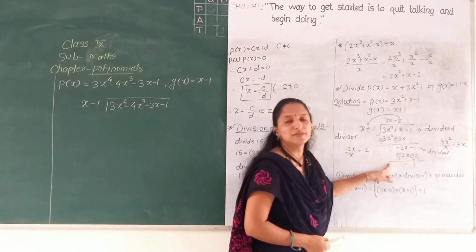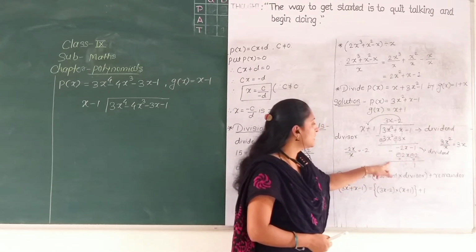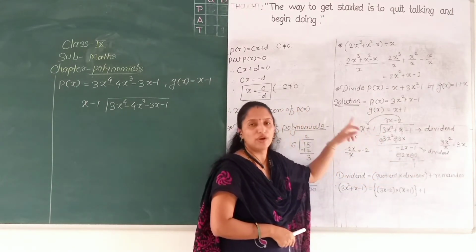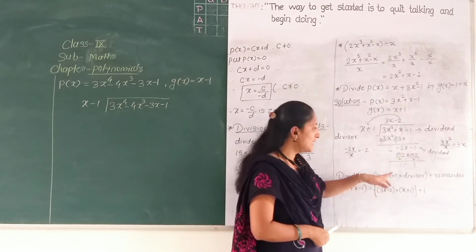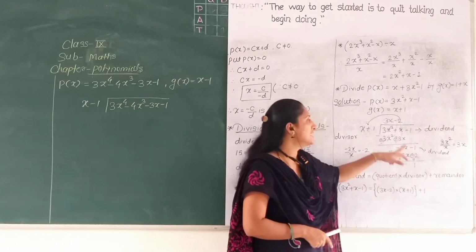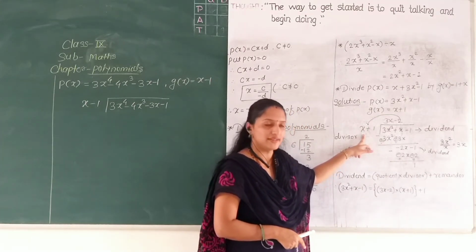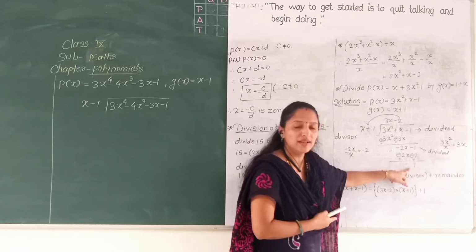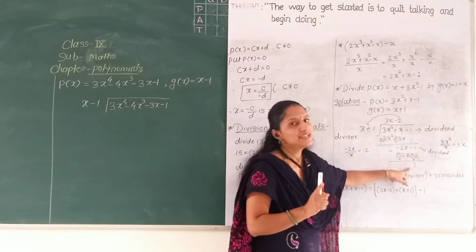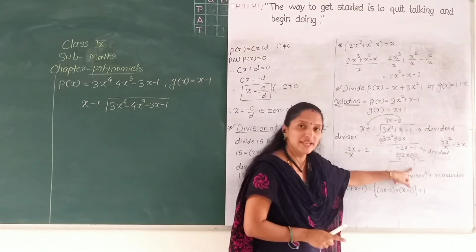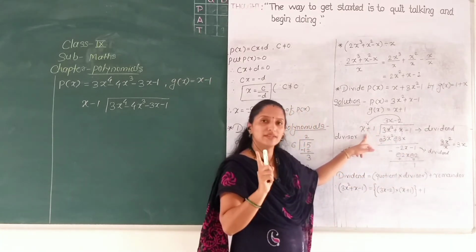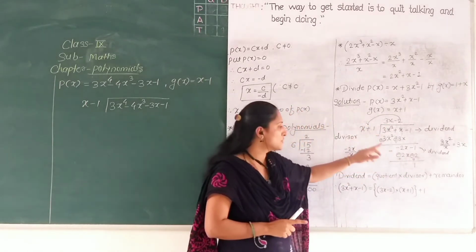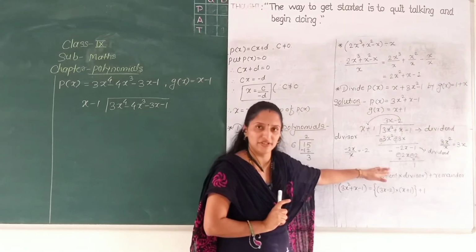This process continues up to the point where the degree of the polynomial is 0. So the degree of the new dividend is less than the degree of the divisor. So here we stop the process of division.